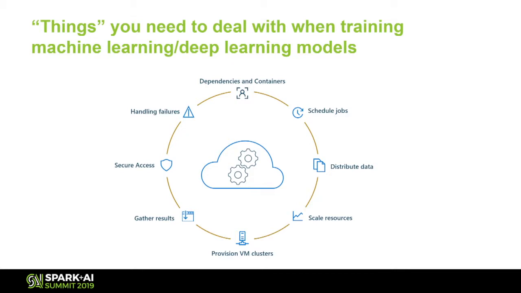And then you have to think about, how do you handle failure? How do you secure access to the data, where huge progress has been made within the big data space, and so on and so forth? And once you have done all that, if you're going to do a distributed machine learning or deep learning job, how do you gather the result and then further process the result so that you can present it to the end user or consume it in some downstream production system?